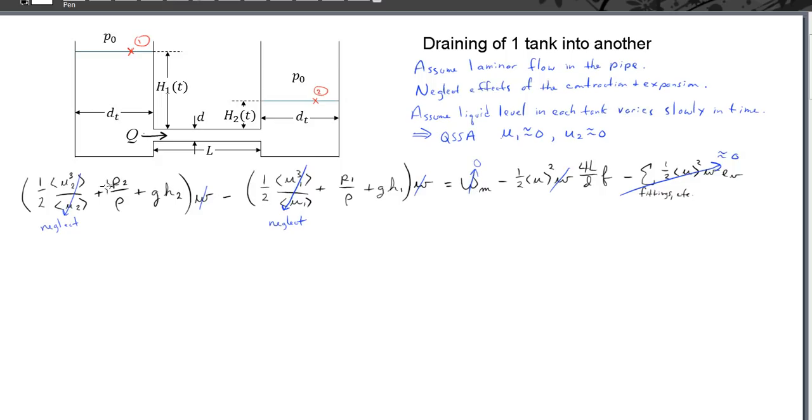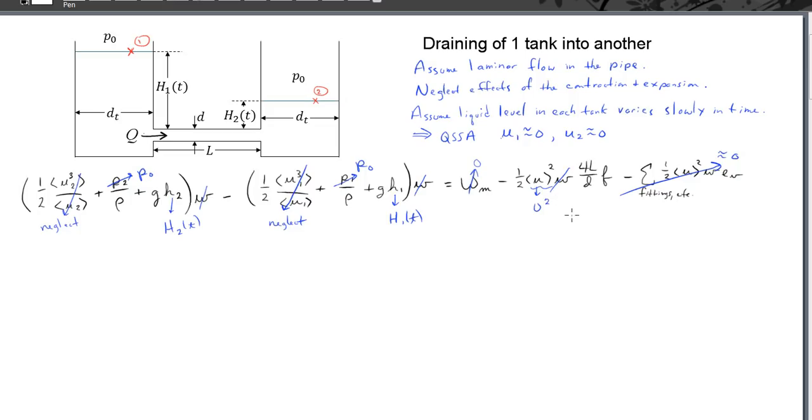Moreover, pressure P2 is equal to P naught. That tank's open to the atmosphere. Same with pressure P1. It's open to the atmosphere, so that pressure is P naught. Moreover, H2 is capital H2 of T, and H1 is capital H1 of T. The last thing we can say is this U average squared term is capital U squared, where capital U is the mean velocity in the pipe.